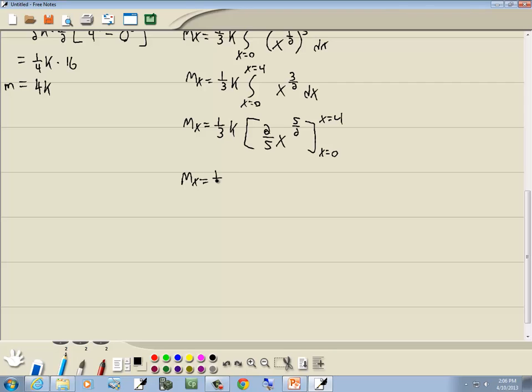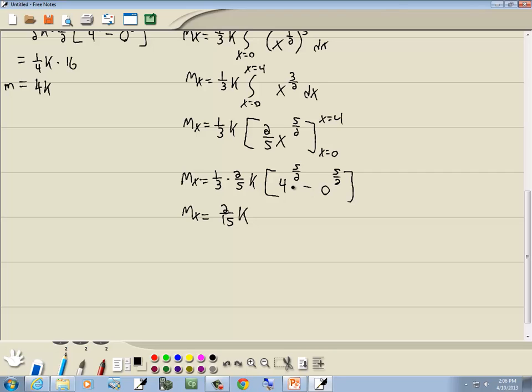So I got 1/3 times 2/5 k. And I'll plug in these numbers. So I got 4 to the 5/2 minus, I'll plug 0 in for x, I got 0 to the 5/2. Well, 1/3 times 2/5 gives us 2/15 k.